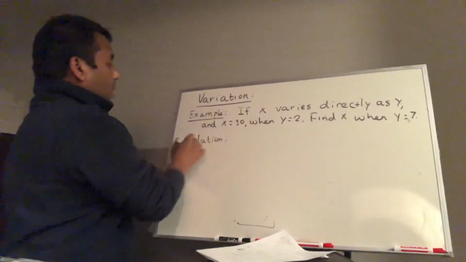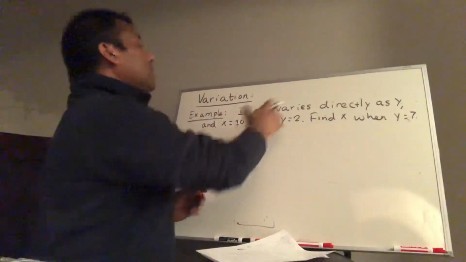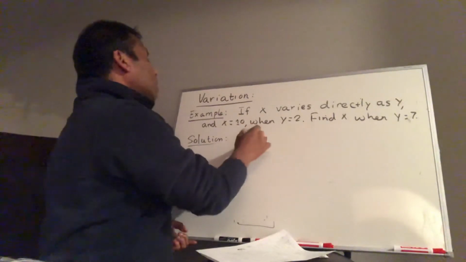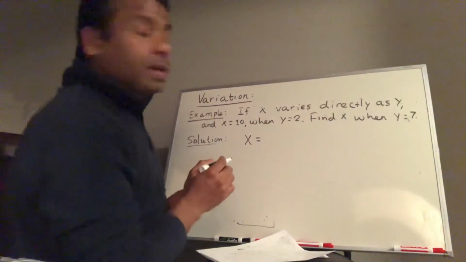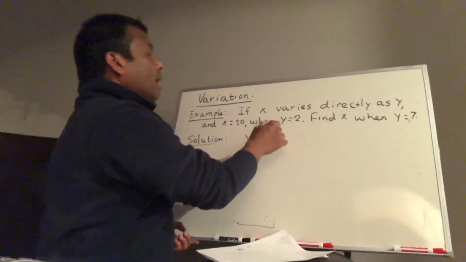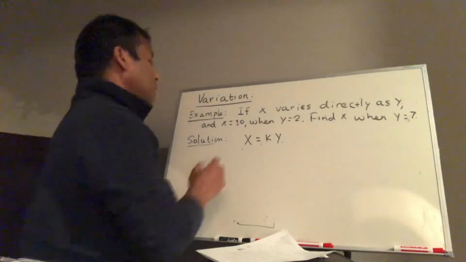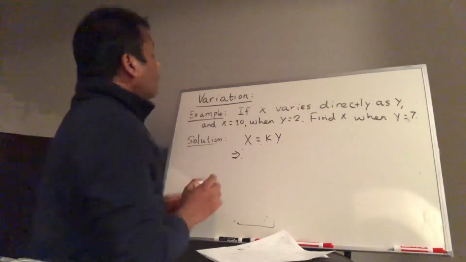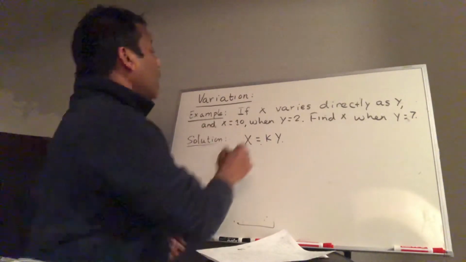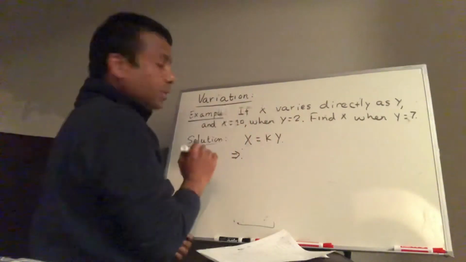So let me solve this problem. So if you look here, x varies directly as y. So that means from the definition of the direct variation, x equals ky, where k is the constant of variation. So you substitute the value of x equal to 10, and we know when x equal to 10, y equals 2, right?